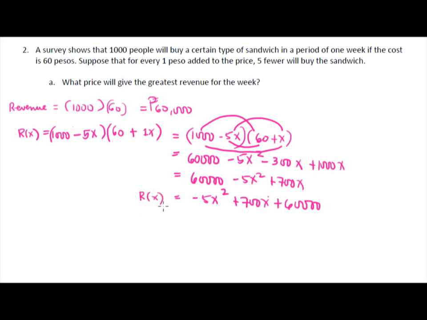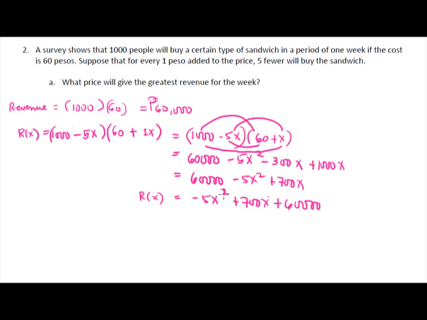Since we already saw the solution to problem number 1, whose function is a quadratic function, we can use the same method since this is also a quadratic function. Actually, most of the problems here are applications of quadratic functions. If we are looking for the price that will give the greatest revenue for the week, we want to find the maximum.